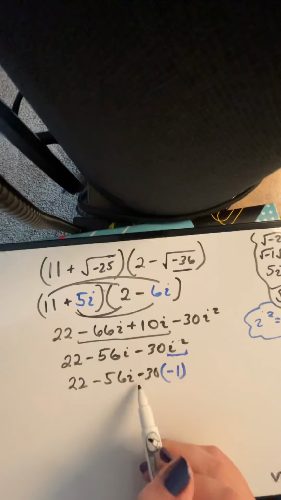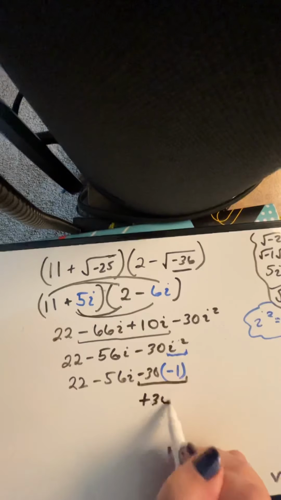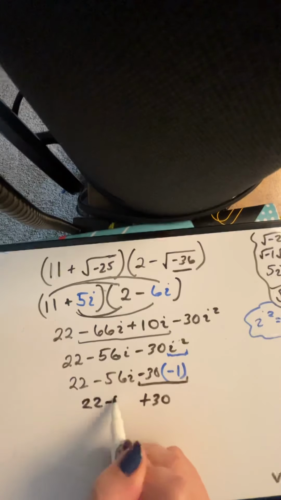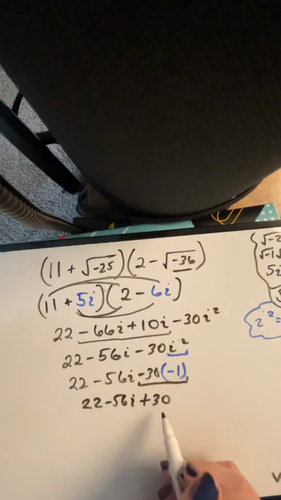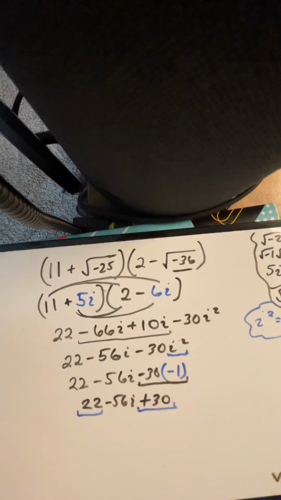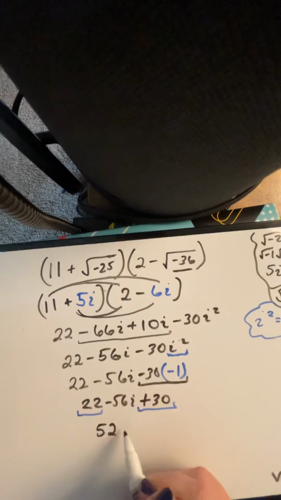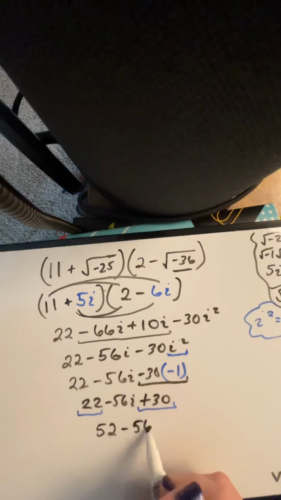Well, negative 30 times negative 1 gives me positive 30. So I have 22 minus 56i plus 30. Now I can combine my constants. So I get 22 plus 30, so that's 52 minus 56i.